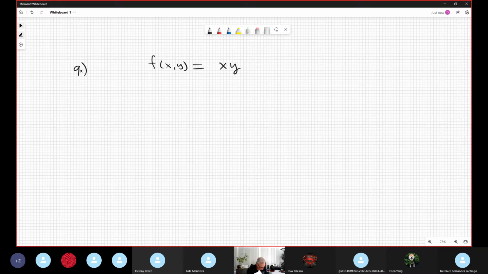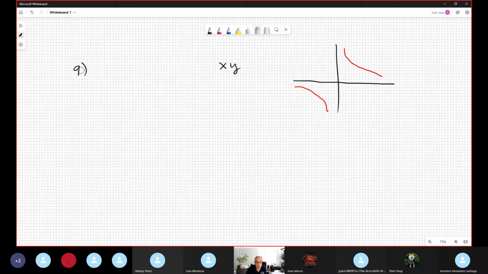Okay, let's say, find a point on the curve x times y equals 1 that is closest to the origin. We use the Lagrange multiplier. Okay, I understand. The idea is, this is a function in 2 dimensions, the famous reciprocal function, y equals 1 over x.